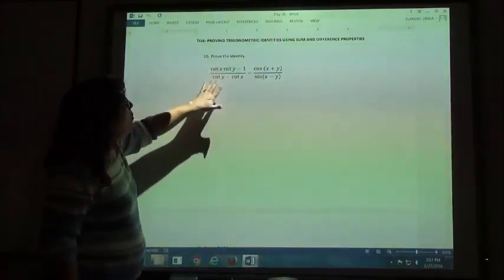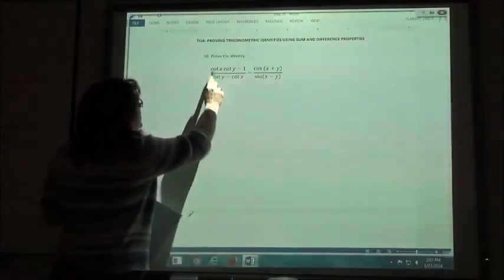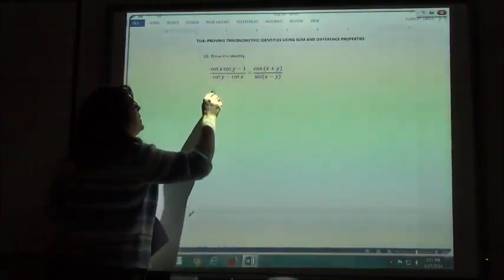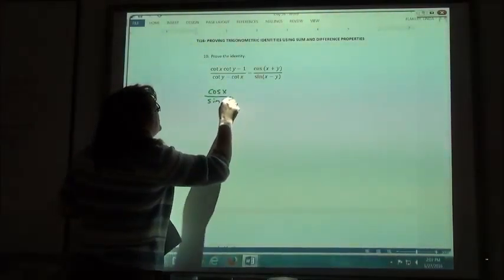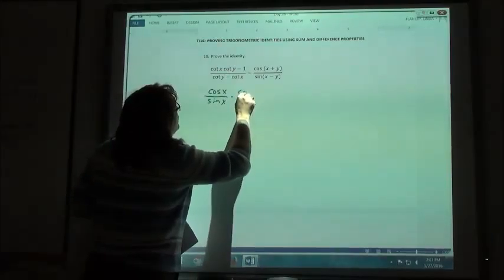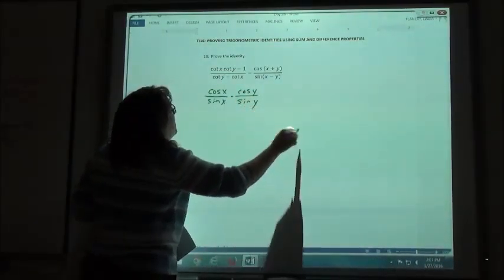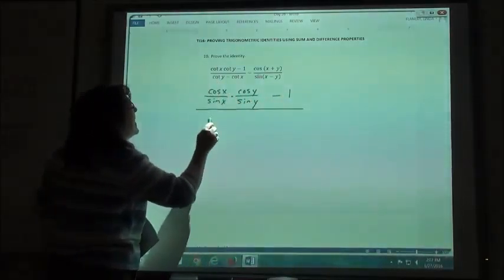You can do it all at once since you're using the same one. And so for cotangent, I'm going to have cosine over sine. So I'm going to have the cosine of x over the sine of x times the cosine of y over the sine of y minus 1 all over cotangent again.